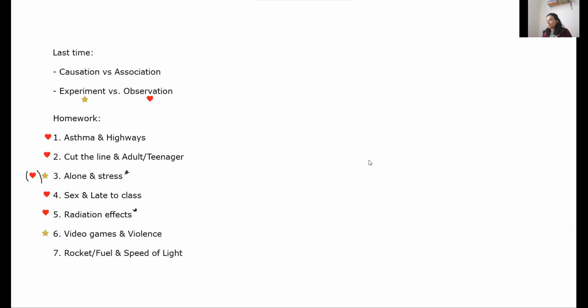So maybe children that were less under the supervision of their parents were more likely to play violent games and then to be exposed to violence. I'm saying just any random thing. But then this would be an observational study, right? So what we need to be careful of is first choosing the people that we're going to study, then dividing them into groups, and then assigning a treatment to each one of those groups at random, okay? So that's like the key part over here.